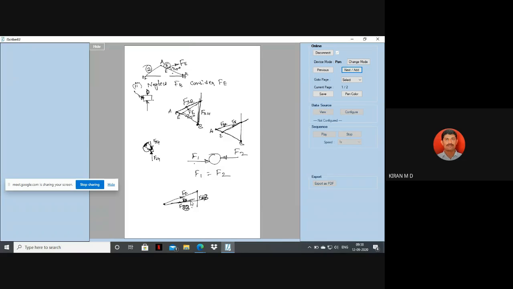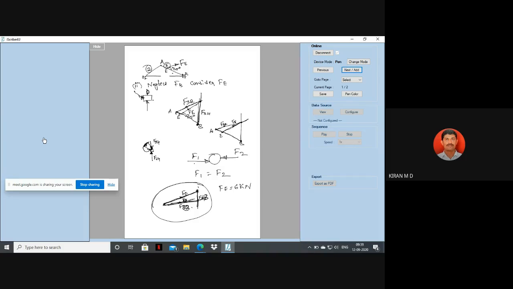In this polygon, in this triangle, FE is a known value, 6 kilonewton. So you know both the direction and magnitude of FE. You know the direction of F32, F23, and F43.